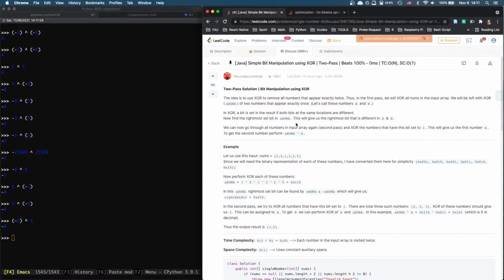Rightmost set bit. This will give us the rightmost bit that is different. Rightmost different. Exactly, that's true. We can now go through all numbers in the input array again, exclusive OR numbers that have this bit set to 1. So all the other numbers that have this bit set to 1, this will give us the first number. How? Wait, what?